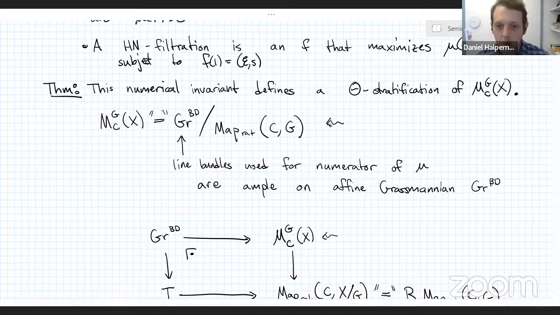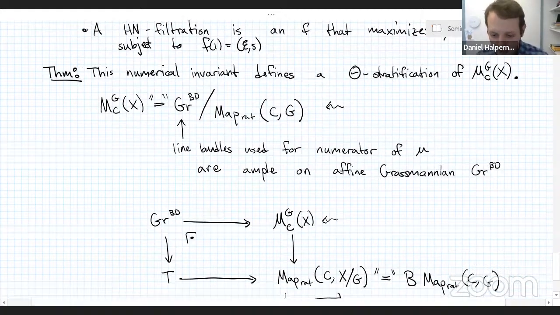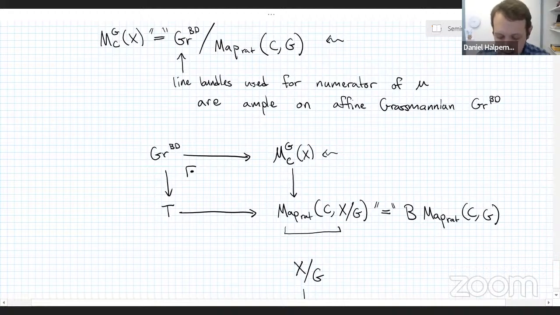In other words, we don't prove that this stack downstairs. Let's imagine just even when G is a point, even when X is a point, it's trivial representation. This is already arguably interesting, but definitely a new way to think about this moduli problem from the perspective of constructing moduli spaces and stratifications. So even when X is a point, then you just get the stack of rational maps from C to BG downstairs.